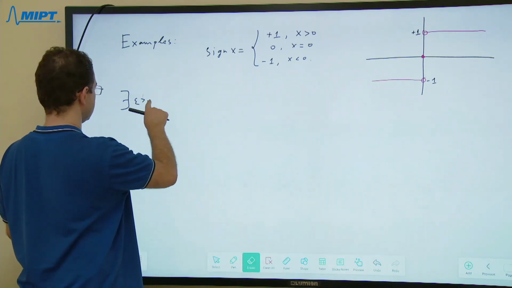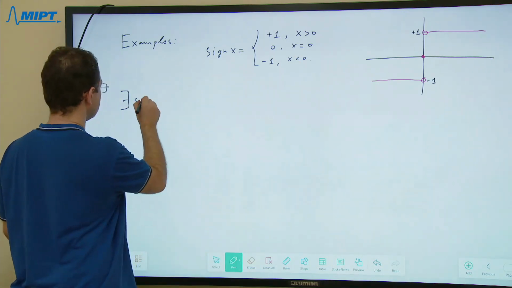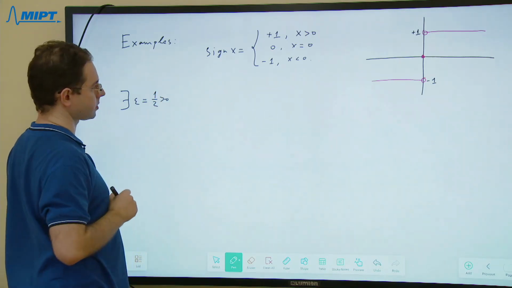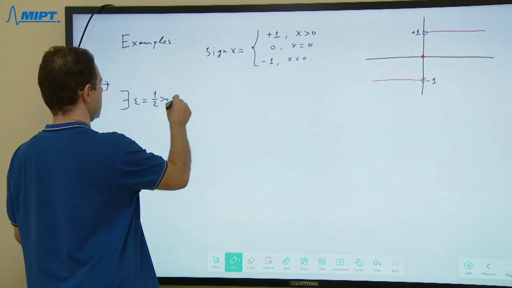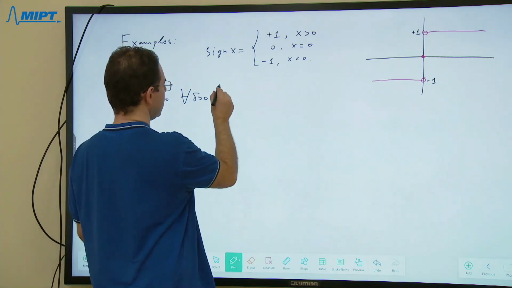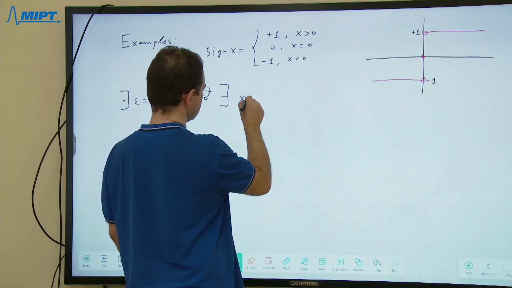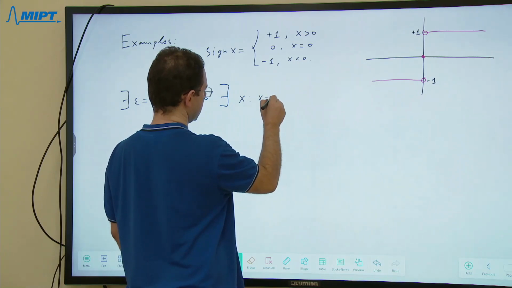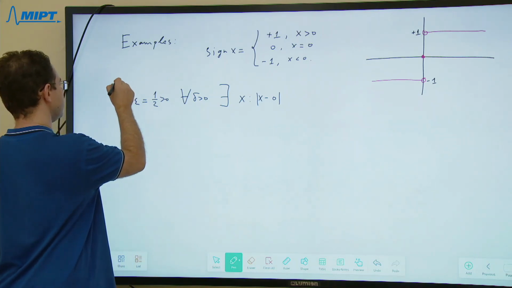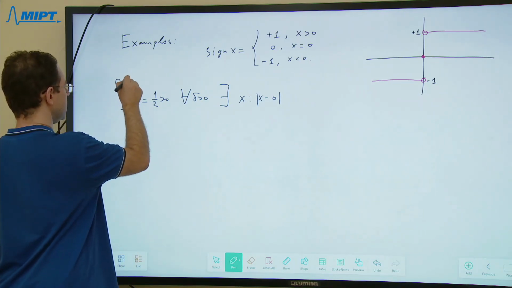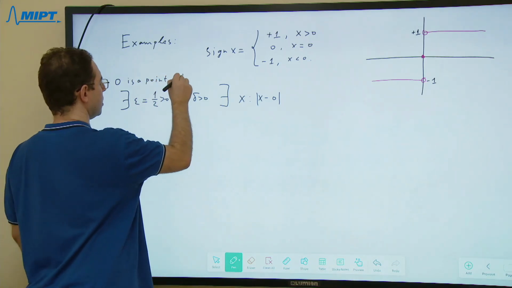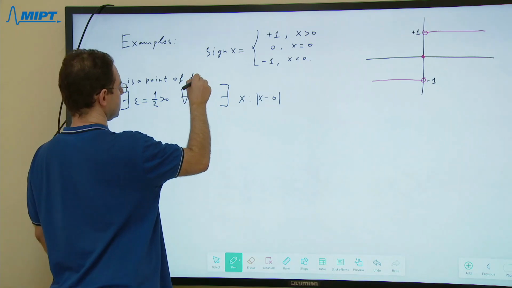So instead of just greater than 0, let me write epsilon equals 1/2, which is greater than 0, such that for any delta greater than 0, there exists x such that absolute value of x minus 0. Let me reiterate that I am writing that 0 is a point of discontinuity.